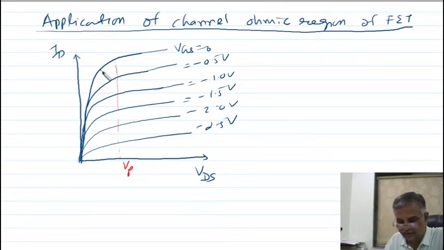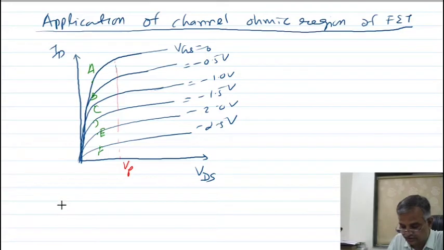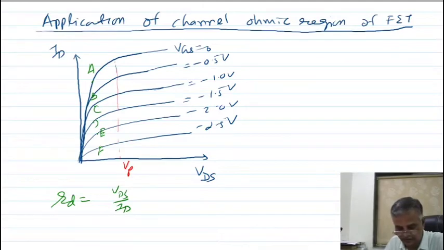So look here, in the channel ohmic region, I am starting from point A, B, C, D, E, F. If I find the drain resistance at these points, then the value of the drain resistance at different points is different.